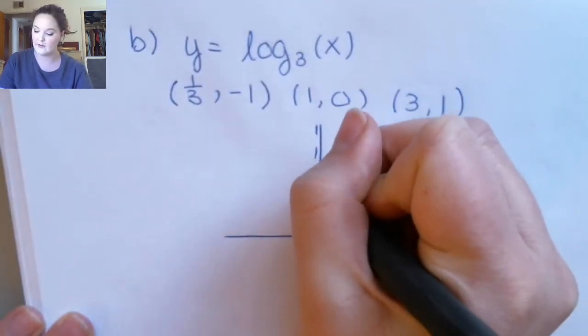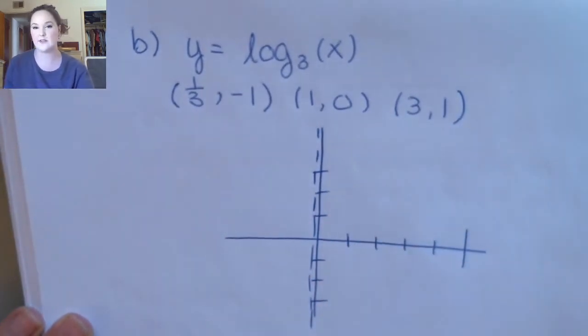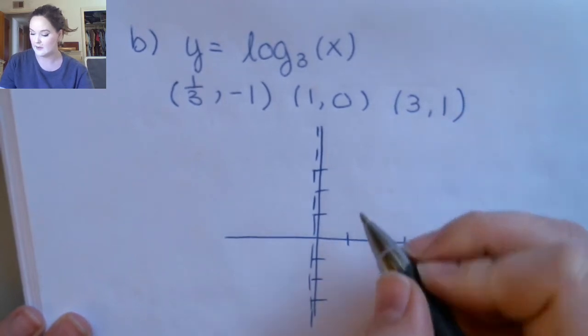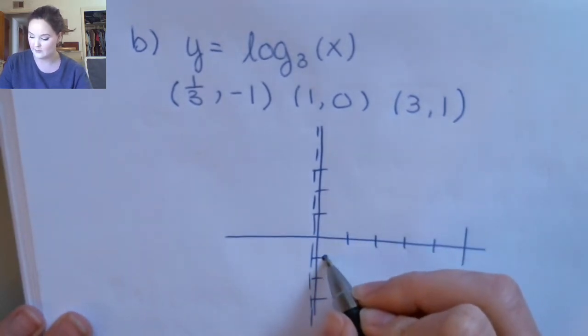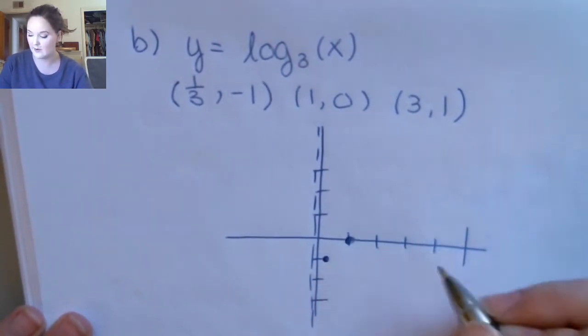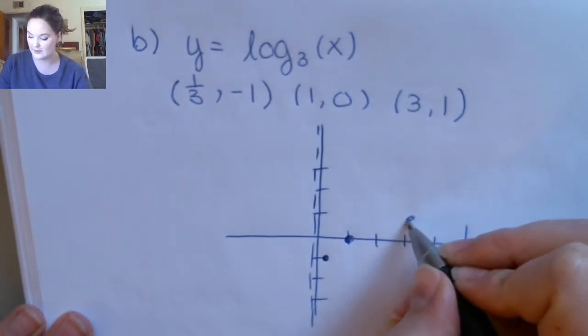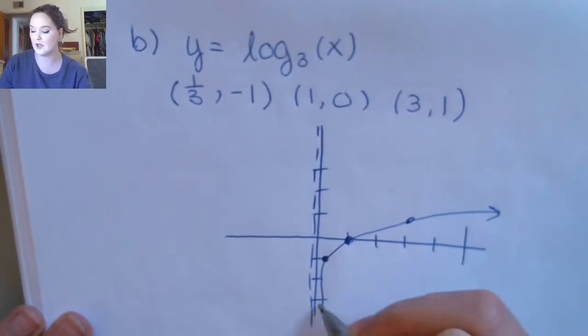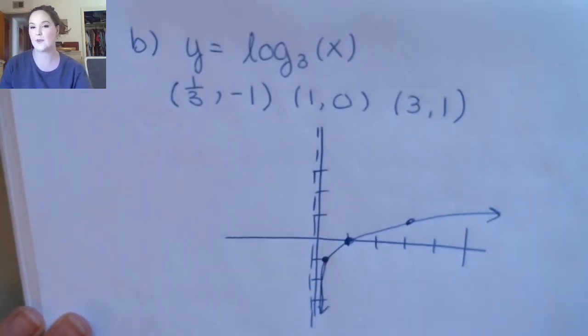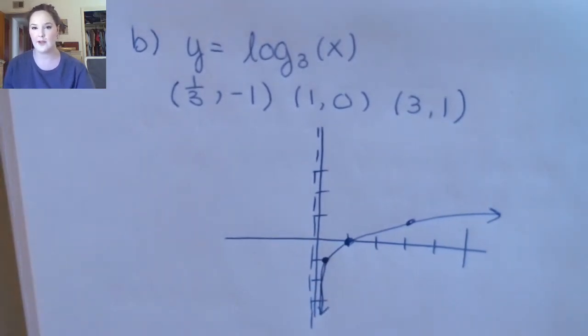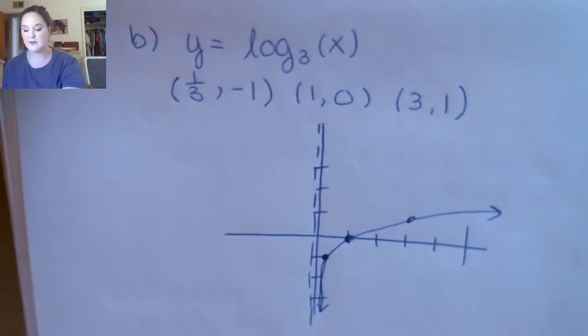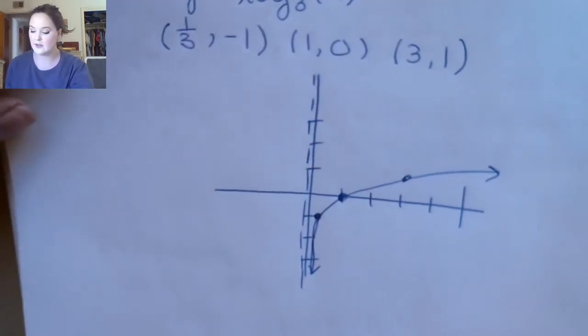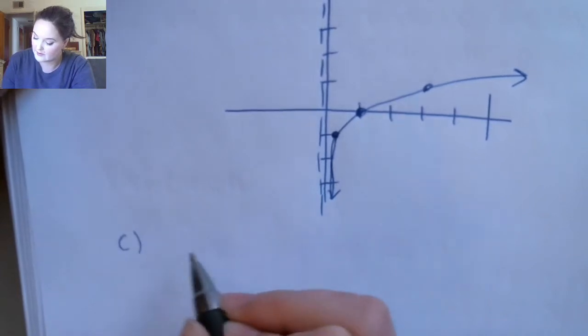So we have our vertical line here on the y-axis that the graph doesn't cross. Then we have 1/3, negative 1; 1, 0; and 3, 1. And then it's going to have that same shape.